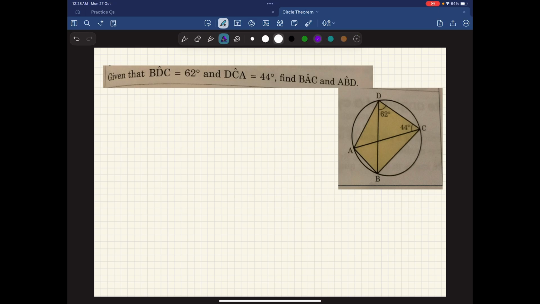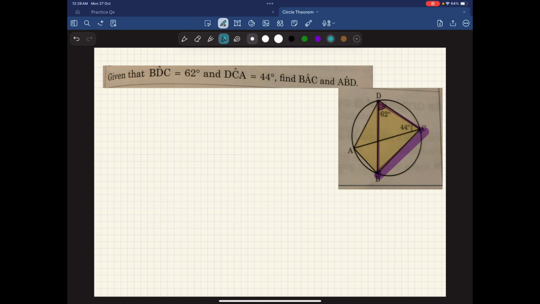This is the chord BD. So this is one end of the chord and this is the second end. So the first angle made from the ends of this chord is basically 62. Now let's look at the other angle made by the same chord at the circumference.